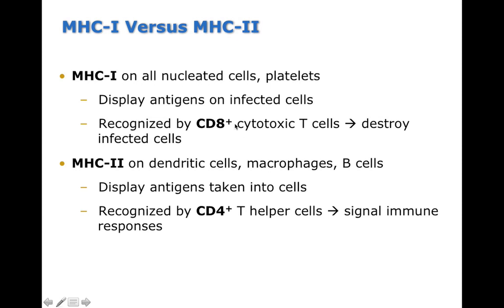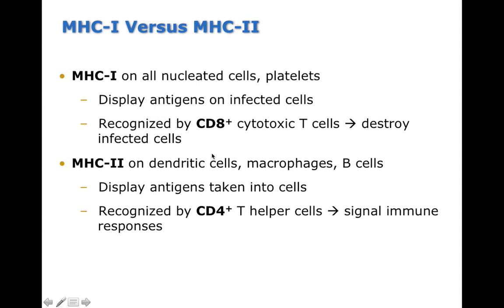Now, they're recognized by CD8 positive cytotoxic T cells, and what we're saying is that these cytotoxic T cells can recognize whether a cell is infected with a virus or not. And then MHC class II you find on dendritic cells, macrophages, and B cells, and they display antigens that are taken up by your antigen-presenting cells, right?